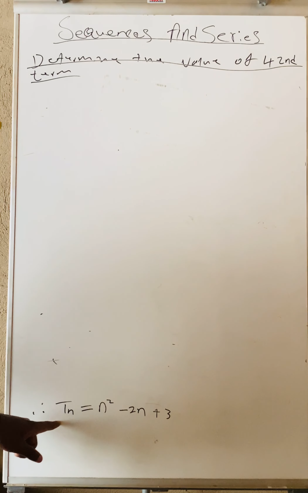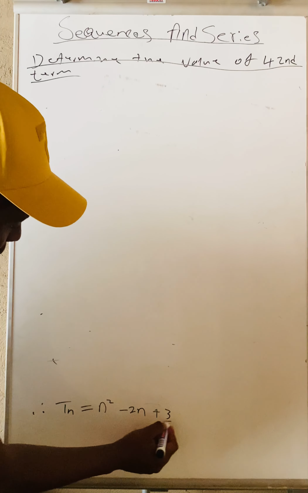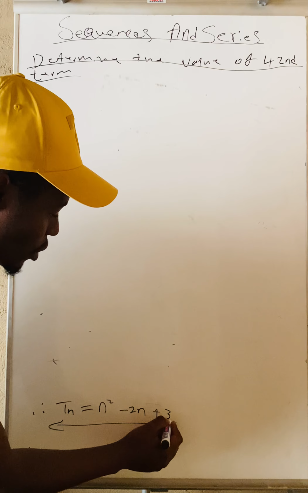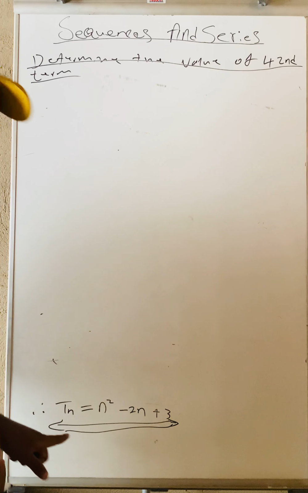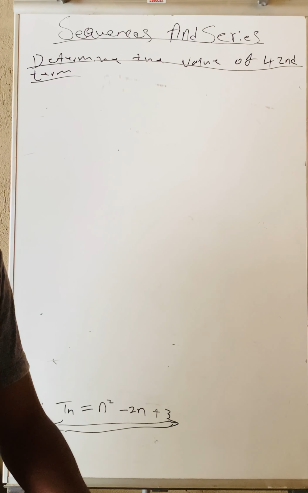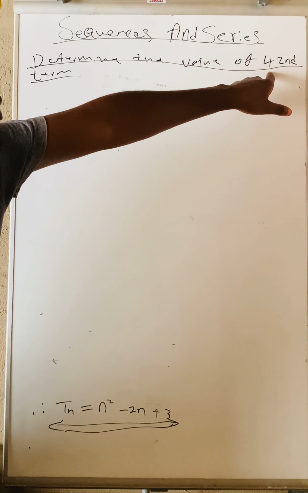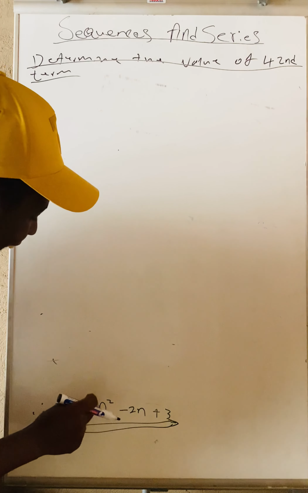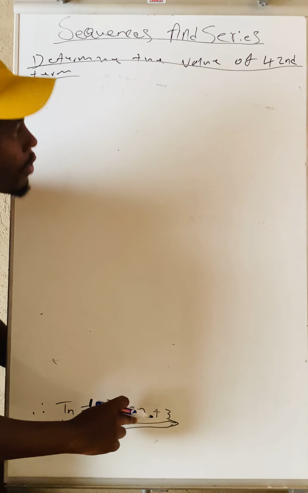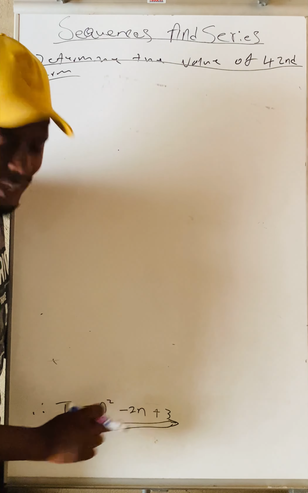Here we have what? Our general formula. This is our general formula or term, right? From here, but find what? The 42nd term, right? It means when you see n, you substitute with 42, right?